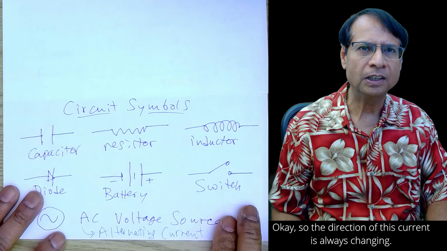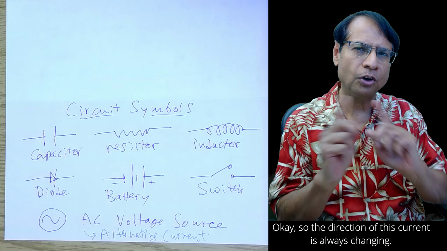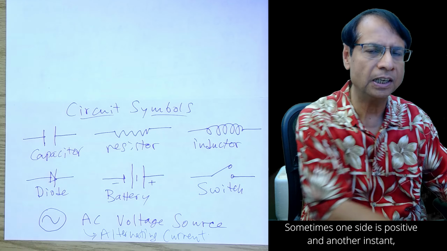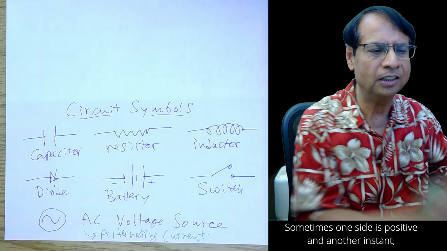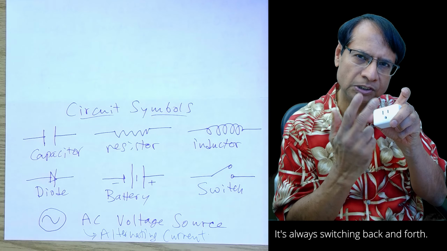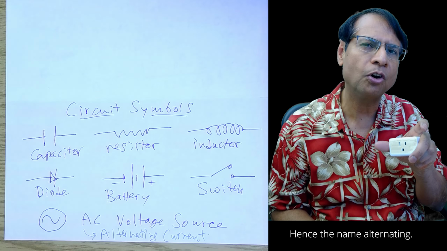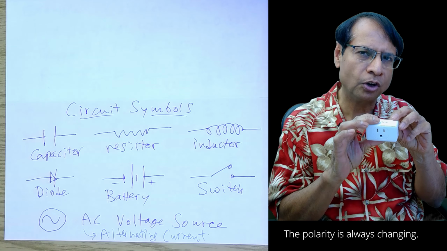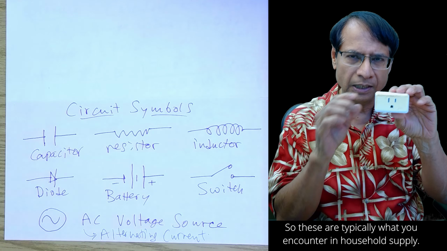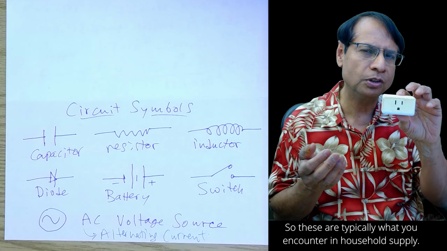So the direction of this current is always changing. Sometimes one side is positive, and another instant another side is positive. It's always switching back and forth. Hence the name alternating. The polarity is always changing. So these are typically what you encounter in household supply.